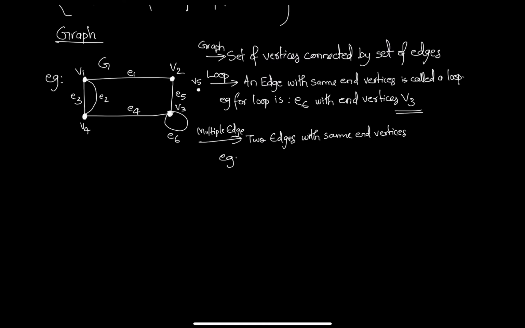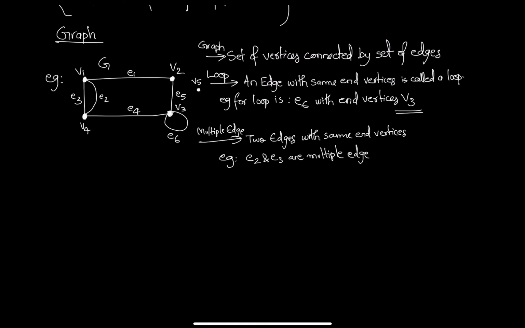Example for that is E2 and E3 are multiple edges. Why? Because they have the same end vertices. So two edges with same end vertices are called multiple edges.